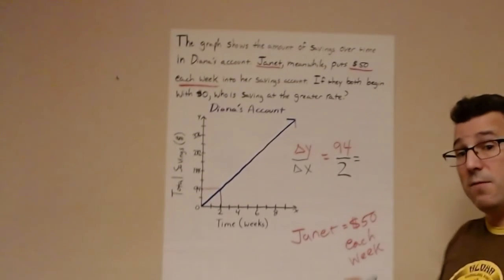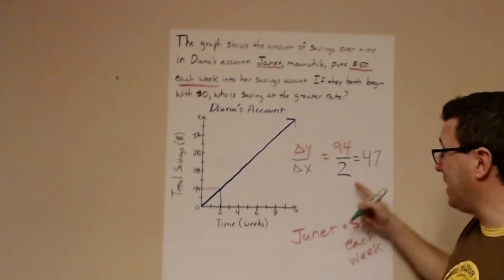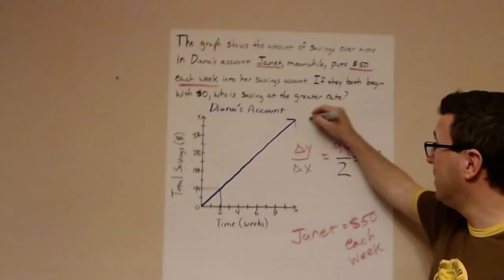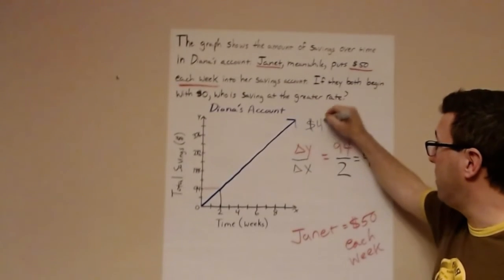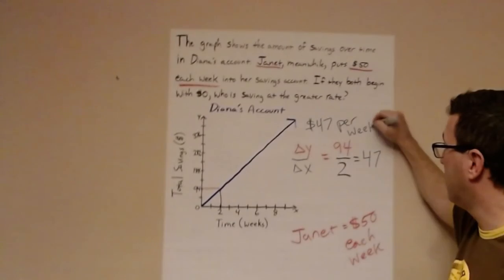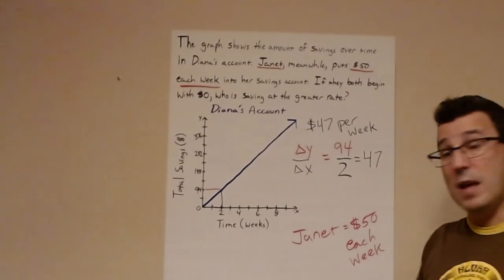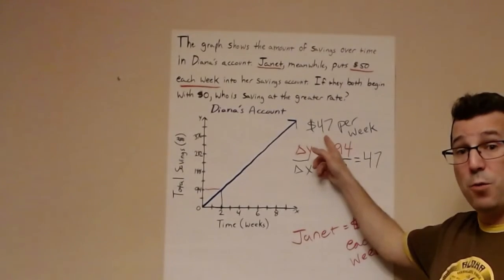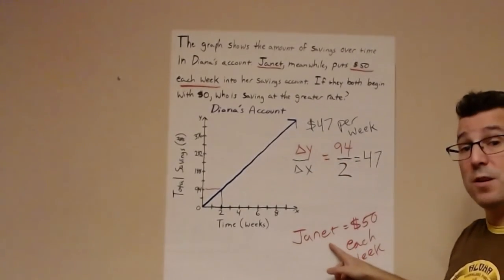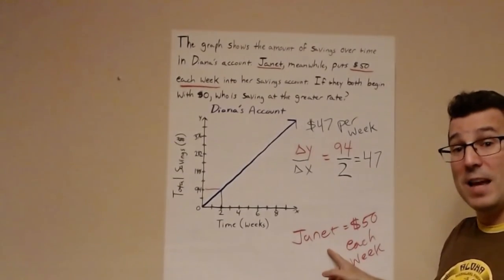And when we do that division, we see that Diana is putting in $47 per week. Janet's putting in $50 per week. Janet is saving at the greater rate.